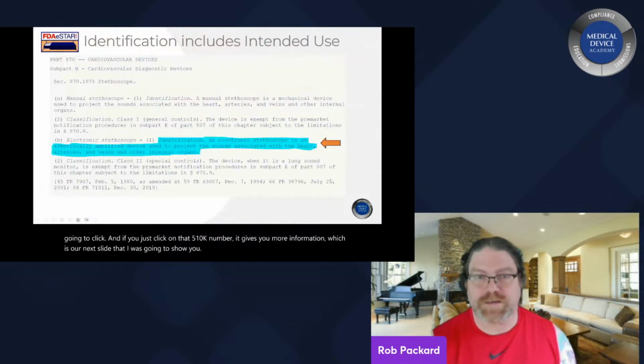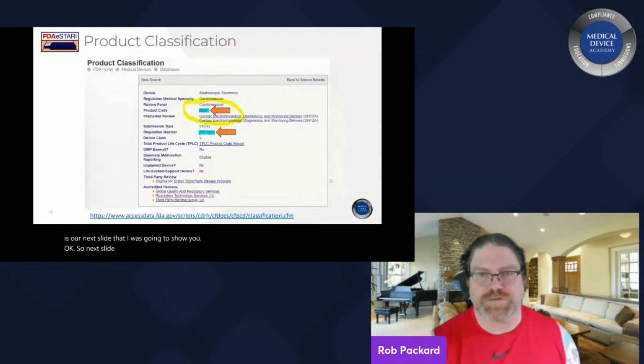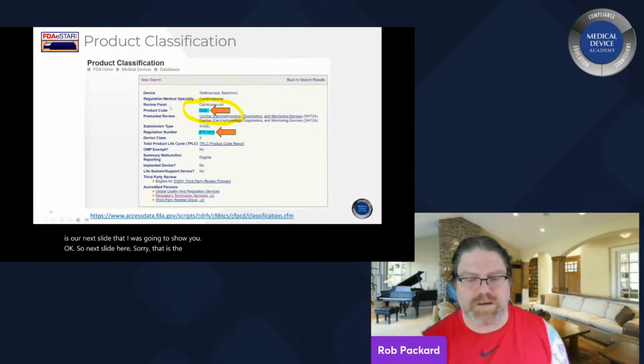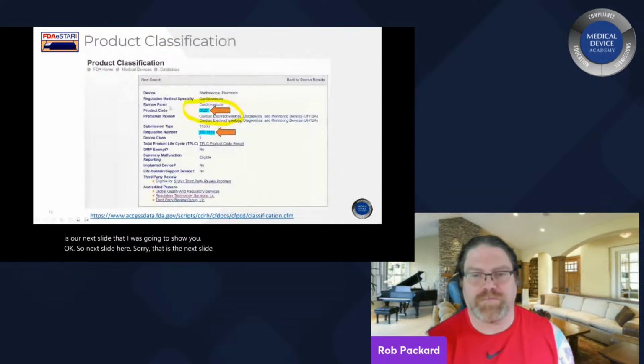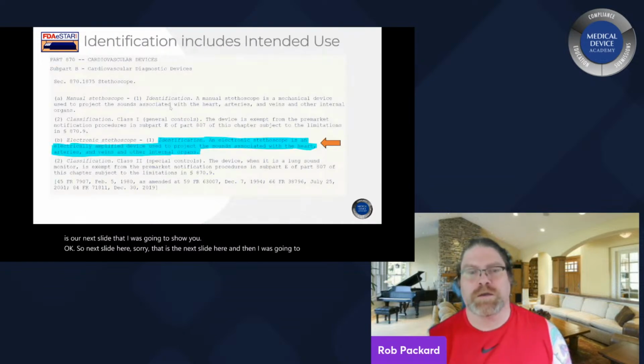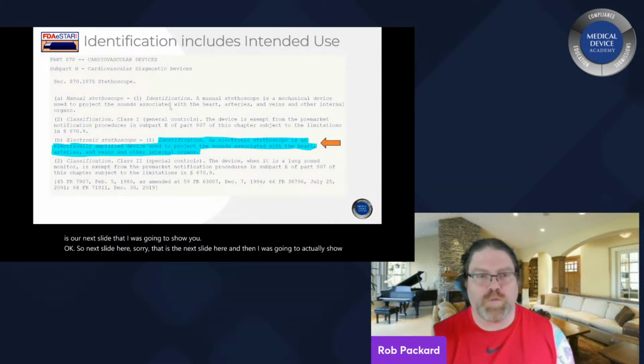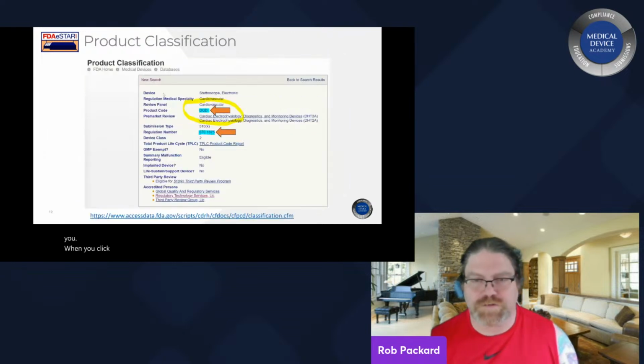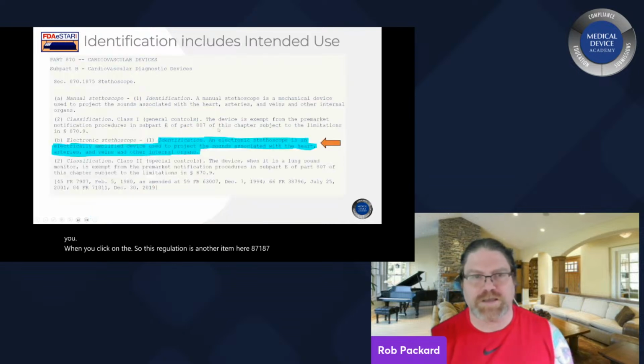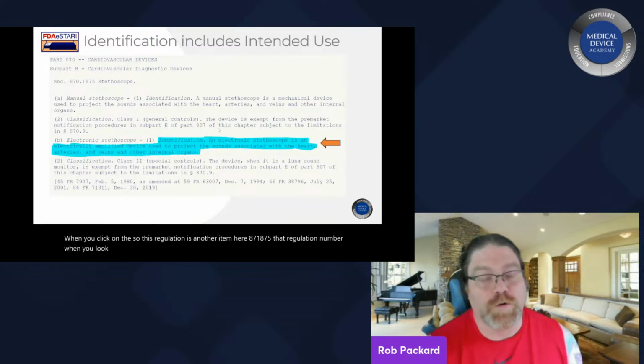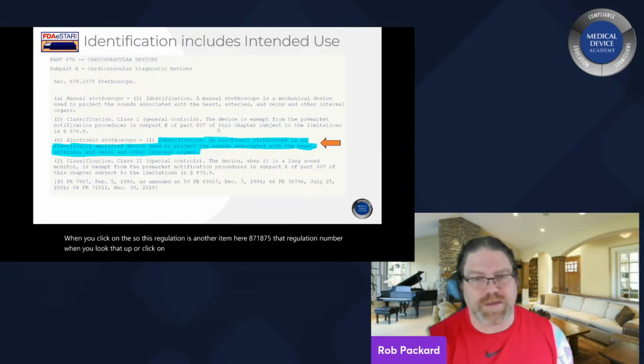Okay, so next slide here. Oh, sorry, that is the next slide here. And then I was going to actually show you, when you click on this regulation, another item here, 871.875. That regulation number, when you look that up or click on it, it gives you this.